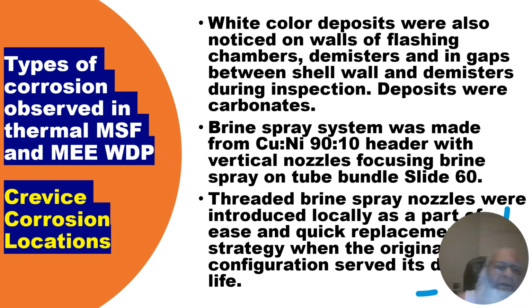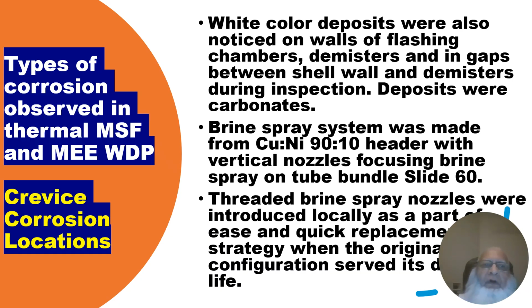This slide, the continuation of the previous slide, shows the locations of crevice corrosion as observed in thermal MSF and MEE water desalination plants. White color deposits were also noticed on walls of flashing chambers, demisters, and in gaps between shell wall and demister during inspection.